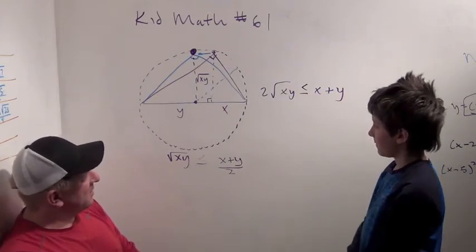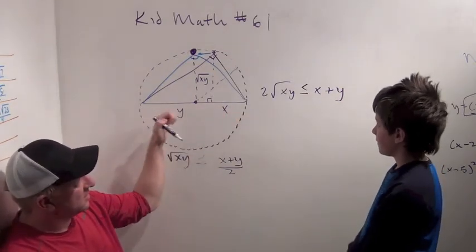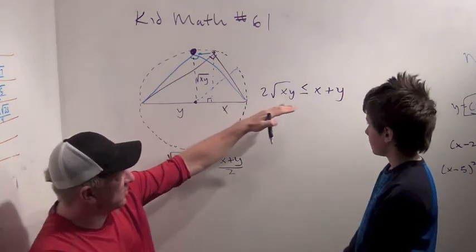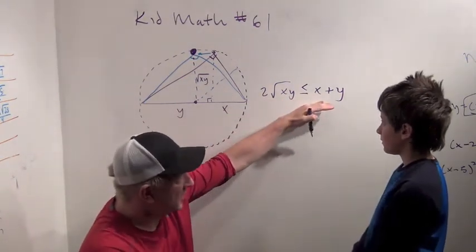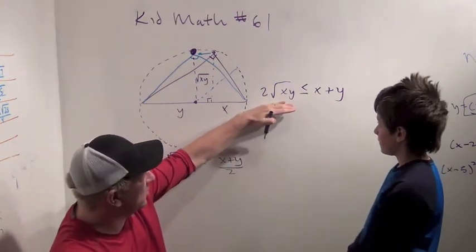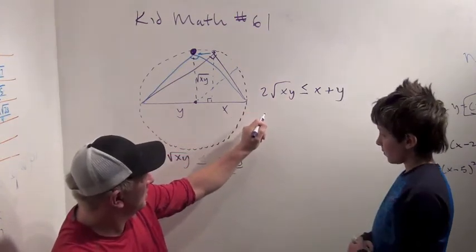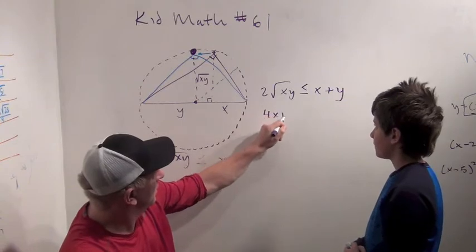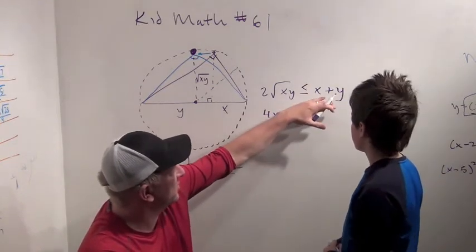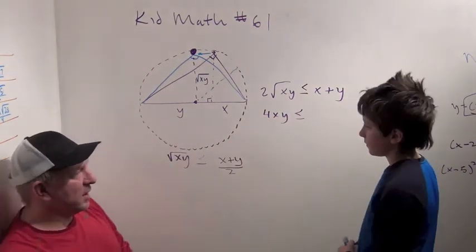Now, since everything's positive, since these are all distances, when I square this, I'm going to preserve the inequality. What happens when I square this side? You get 4xy. What is x plus y quantity squared?